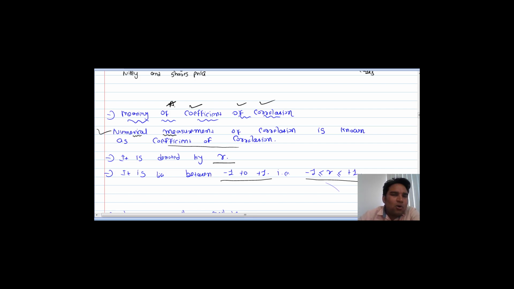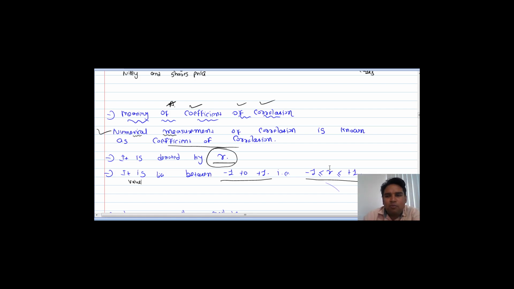That is our coefficient of correlation, and it is denoted by r, right? Its value lies between -1 and +1. That means the minimum value can be -1 and the maximum value can be +1. So the r value will range from -1 to +1.